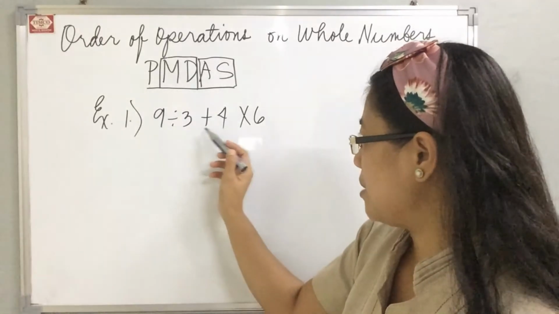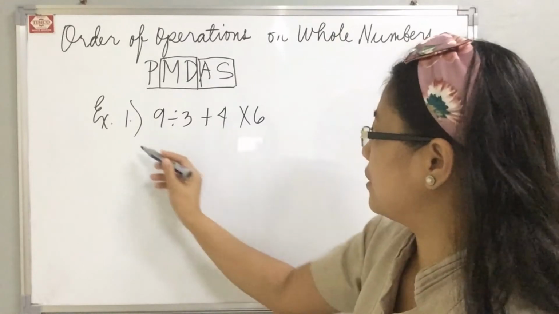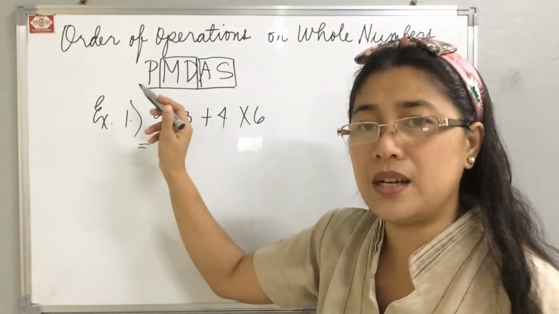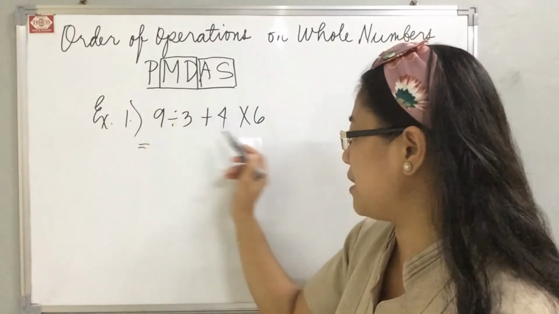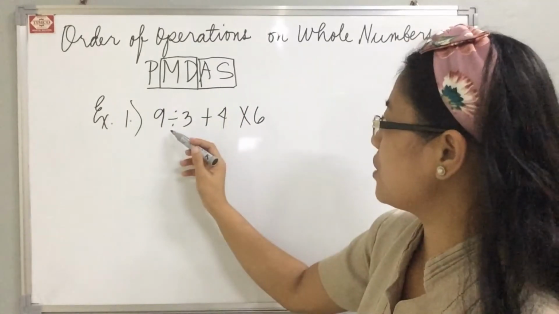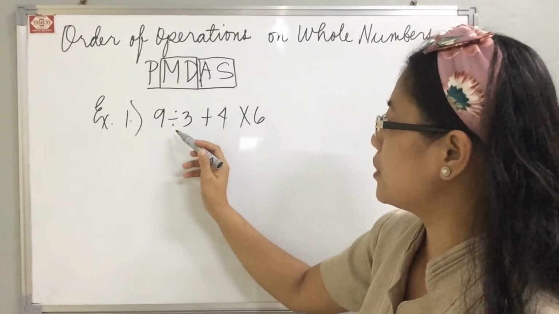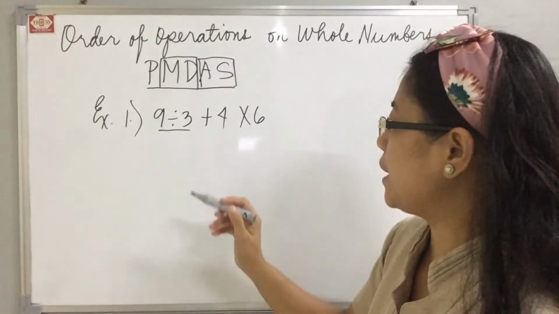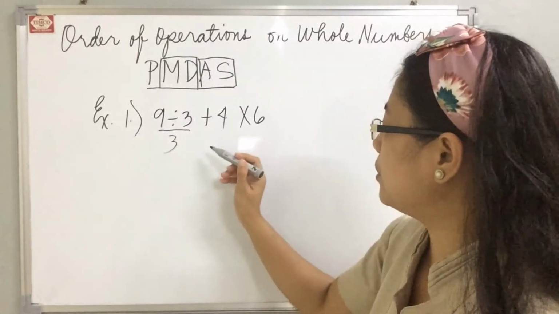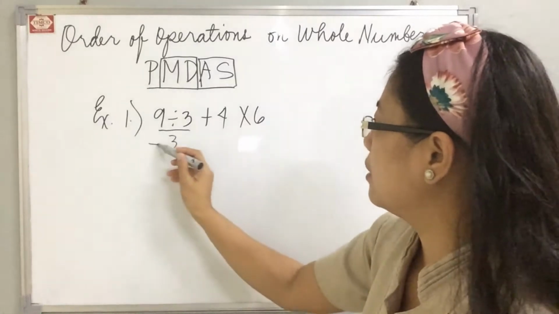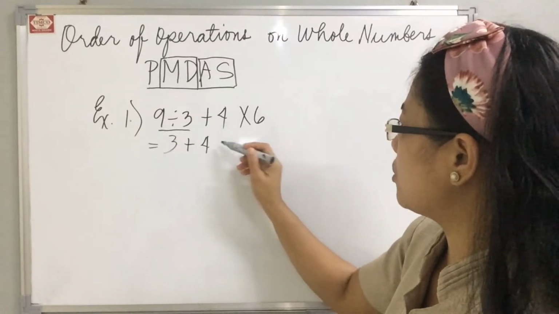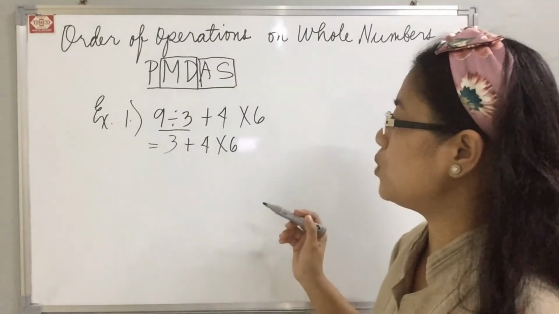9 divided by 3 plus 4 times 6. According to our rule, we should solve first what's inside the parentheses. But since there is no parentheses here, let's solve first multiplication or division. Division came first, so we solve 9 divided by 3, which is 3. Very good. Then let's bring down the numbers that we didn't touch together with the operation.